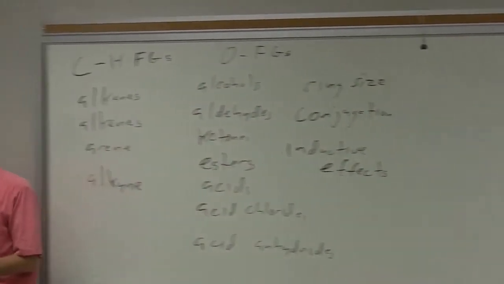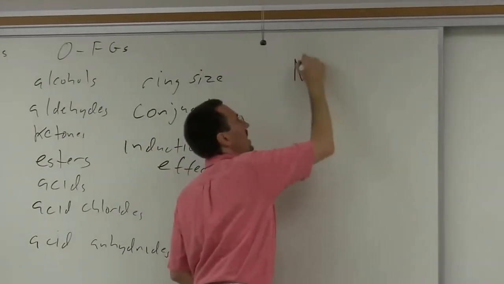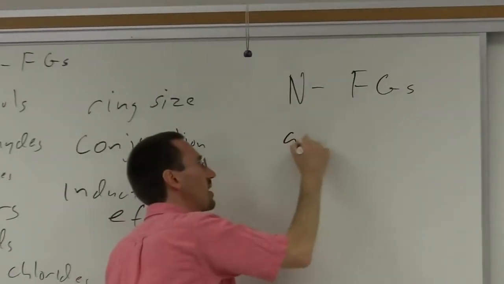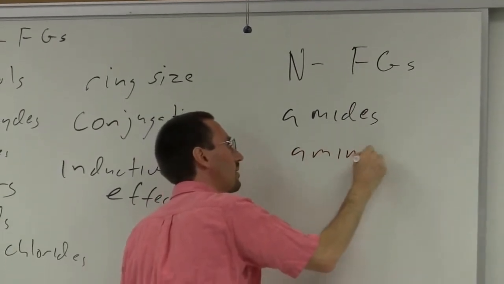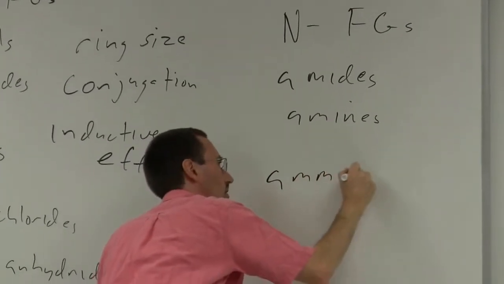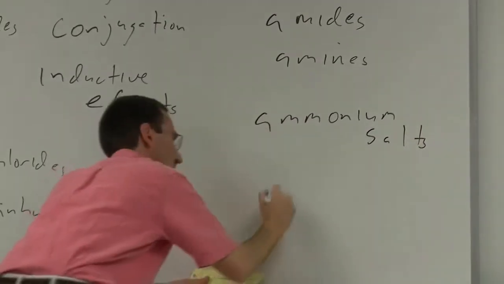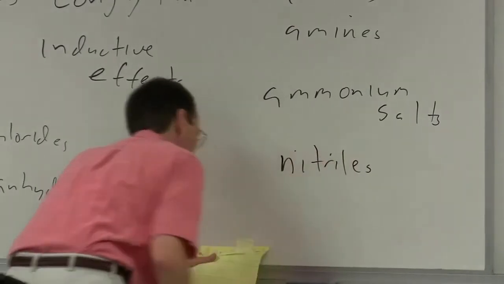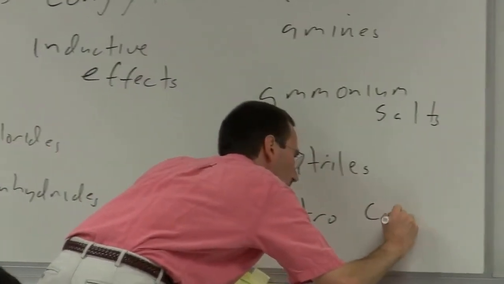And probably not this time, certainly not this time, we'll talk about nitrogen-containing functional groups and probably talk about amides, amines, ammonium salts, maybe nitriles. Nitriles are another one that IR, I think, really shines for identifying. Maybe nitro compounds.